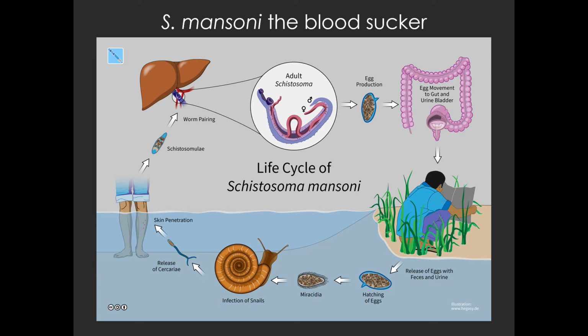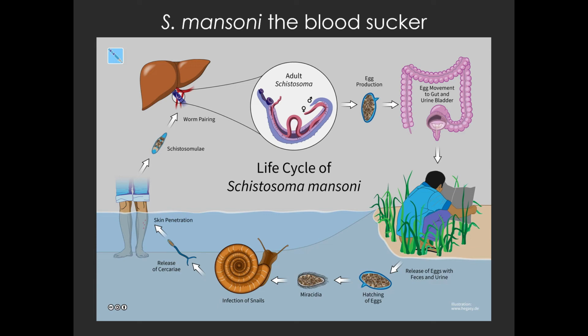The eggs hatch in the water. They form miracidia, which are capable of infecting snails, and the miracidia inside of the snails undergo this transformation to cercariae, which are able to attach to and penetrate intact skin in the next host.